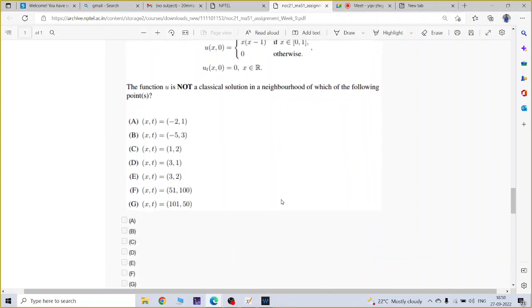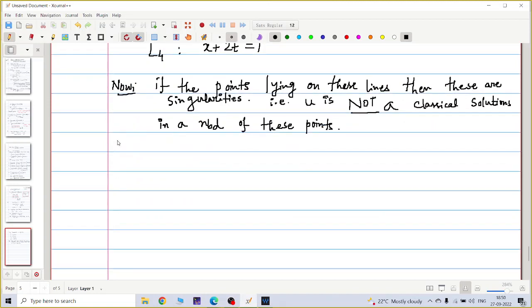So first, option A is minus 2 comma 1. Let me check clearly: x plus 2t is my characteristic line. So I am putting x equal to minus 2 and t equal to 1. So x plus 2 into 1 is equal to 0.